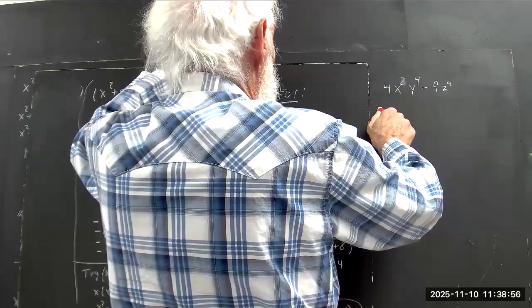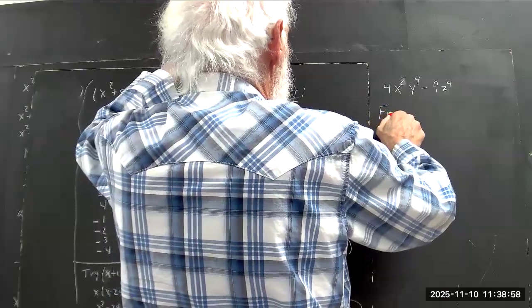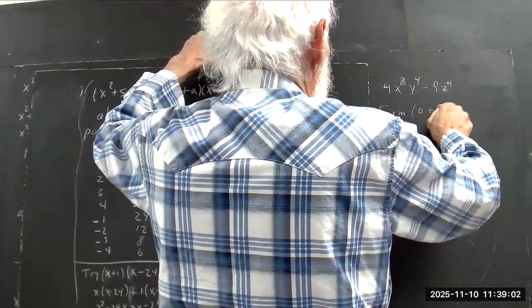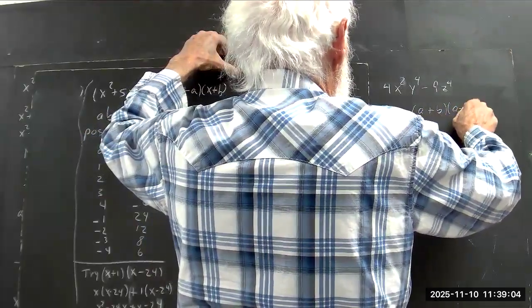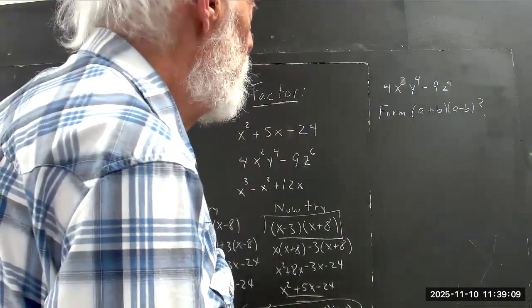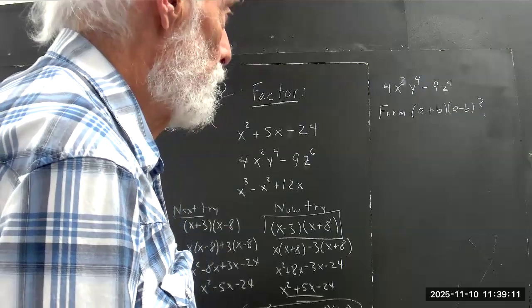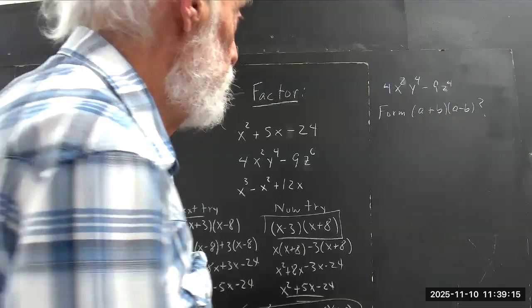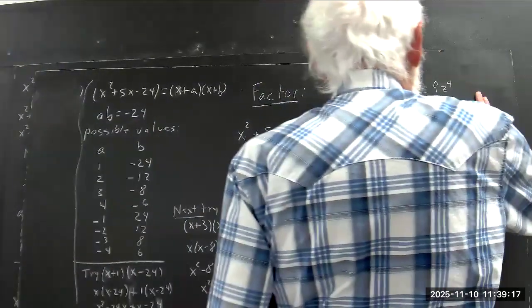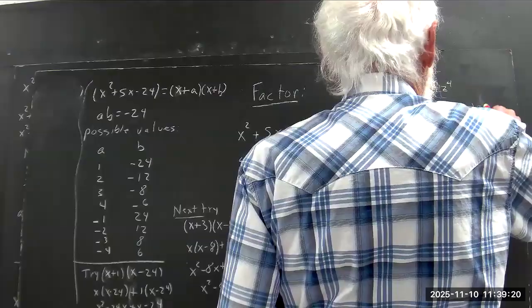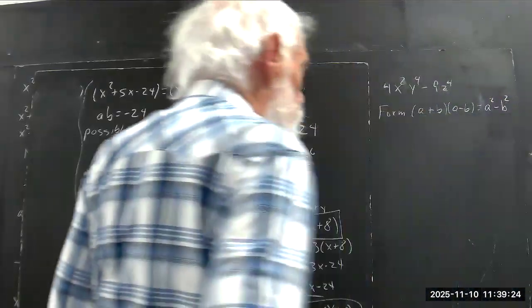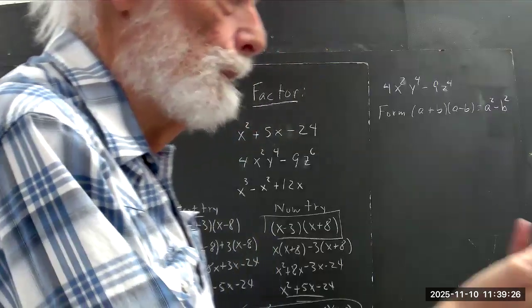Okay, is this of the form a plus b times a minus b, which equals a squared minus b squared by the distributive law?